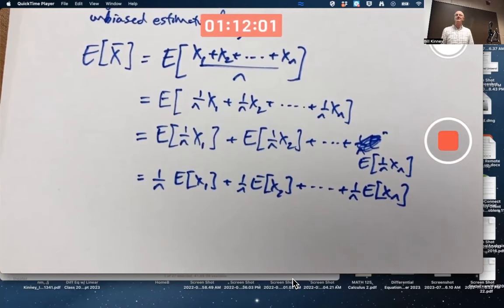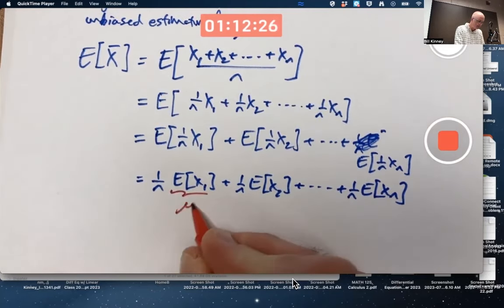Use your assumptions. What assumption? The assumption that x1 through xn is a random sample from a distribution. The distribution of what? The distribution of x. What's x? Our unknown random variable with an unknown distribution. But assuming it's got a mean mu, all these things are the same.